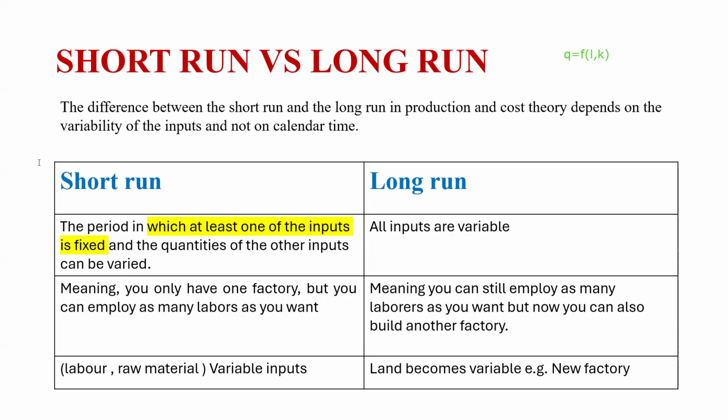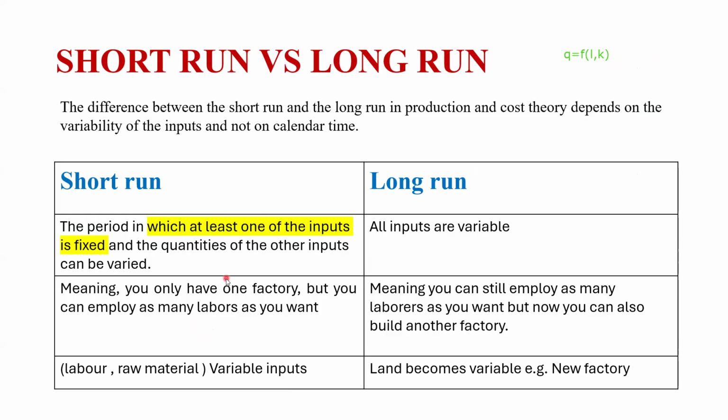If the baker wants to increase the output of cakes, he would have to hire more workers or increase the raw material used in the production process. But he cannot purchase more machinery. Machinery is part of capital. Capital is like the machinery or equipment being used, right?